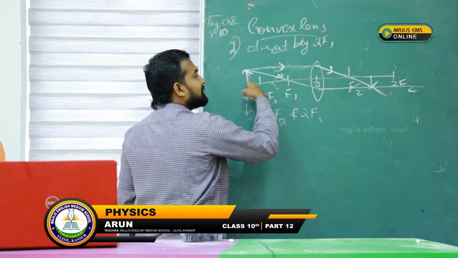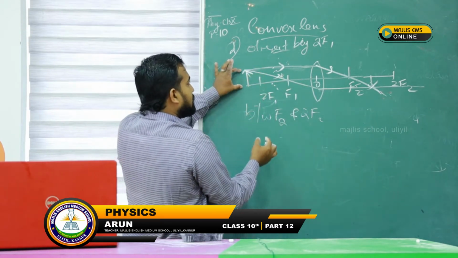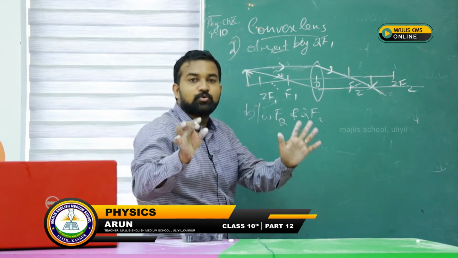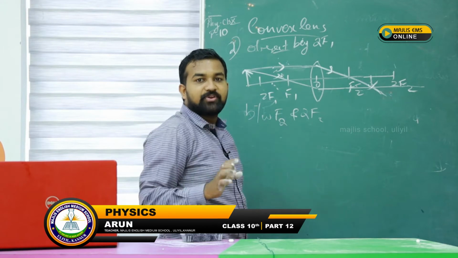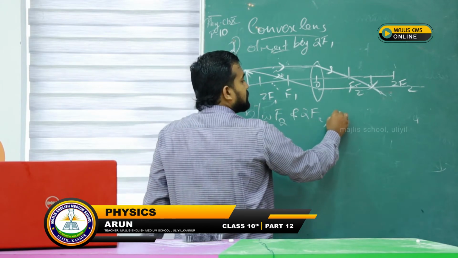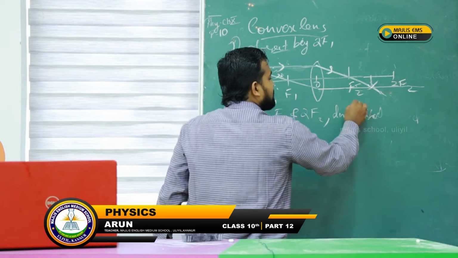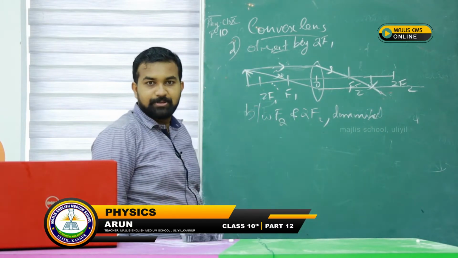It is smaller than the object. Object was this much bigger, it is smaller. When you draw it in your book with the correct measurements, you will see the difference in size. So it is a diminished image again, that means smaller.